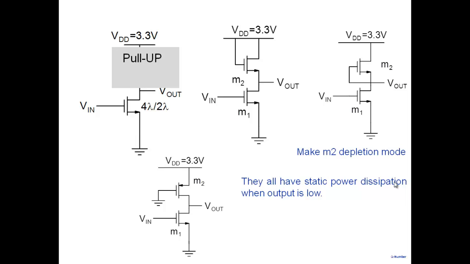Right? So, for example, when I put Vin equal to high here, this transistor is on, there's a path here, and power is being drawn. Whether I look at this one, this one, or this one, none of them solves static power dissipation.